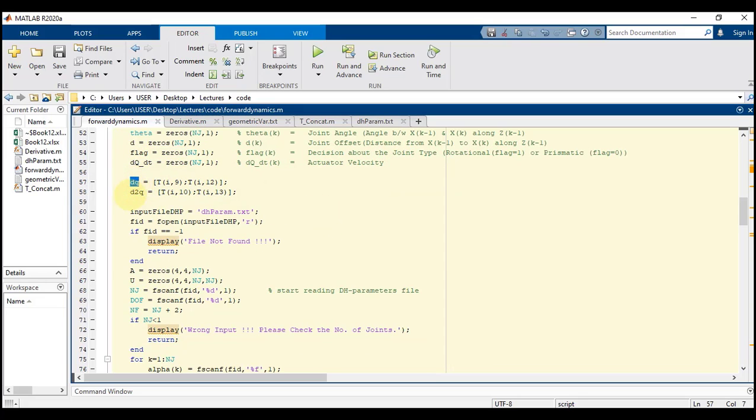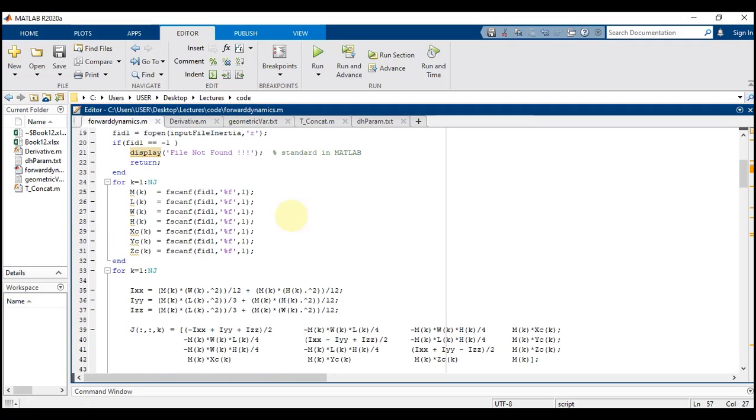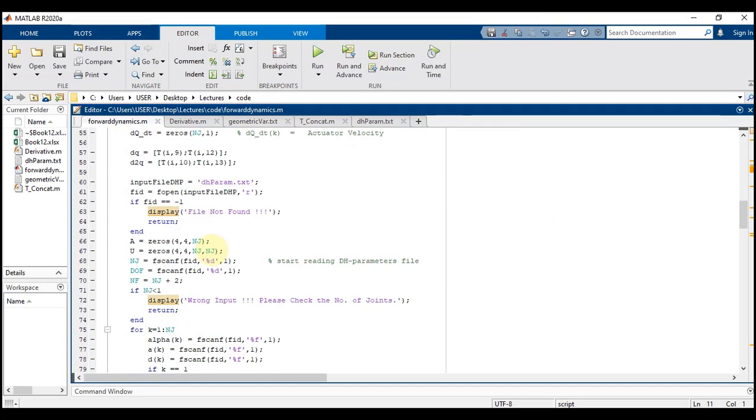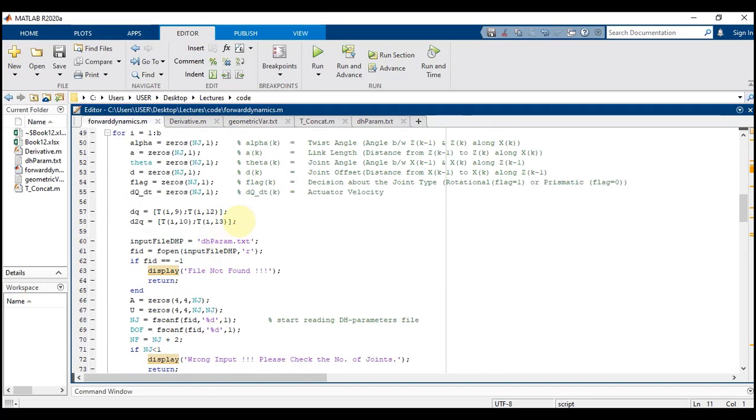dq is velocity, d2q is acceleration, and this is actually referring to the Excel sheet which we are reading, and the values are taken from that Excel sheet.